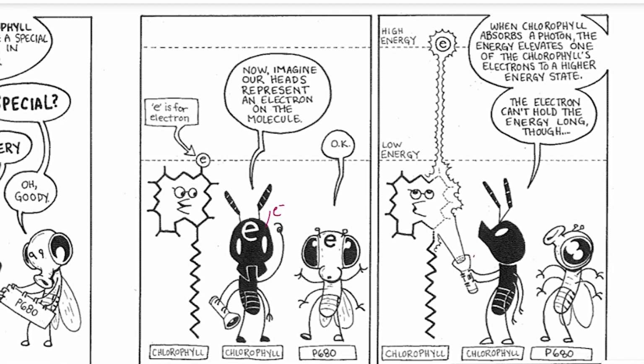And if we flash light on any pigments contained in the antennal complexes, their electrons get excited. We have talked about these things in our earlier video on the photosystems and the pigment systems. These electrons get excited to a higher energy level.